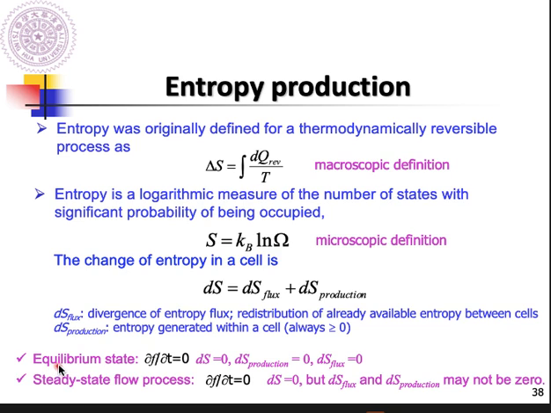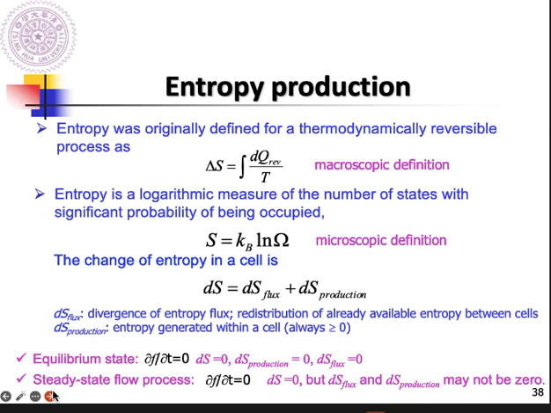And because it's a thermodynamic equilibrium state, the system does not produce any entropy, so S production equals 0. So there is no entropy flux from surroundings. This is the thermodynamic equilibrium state.